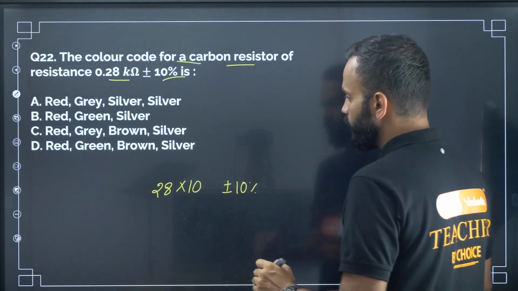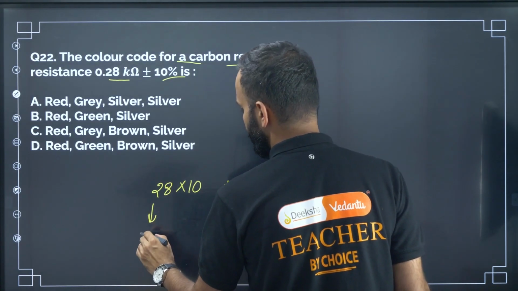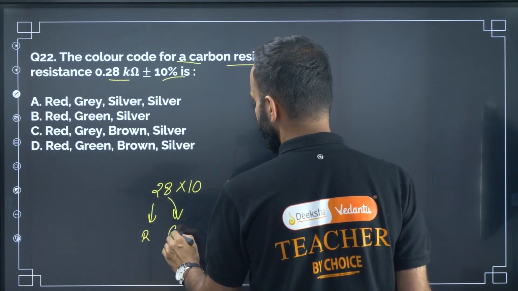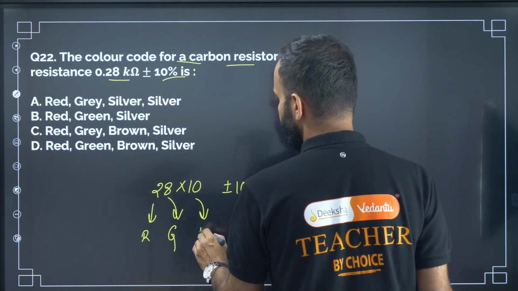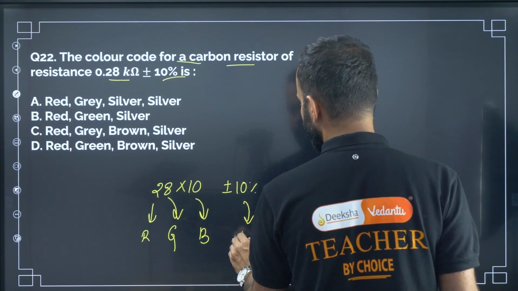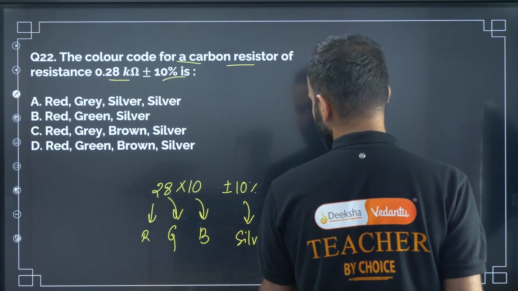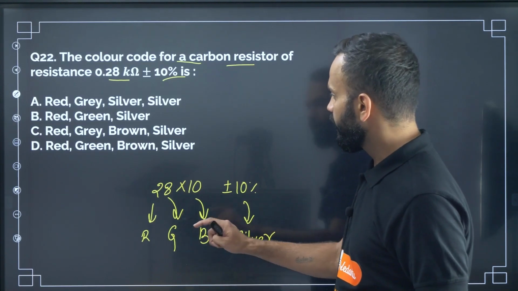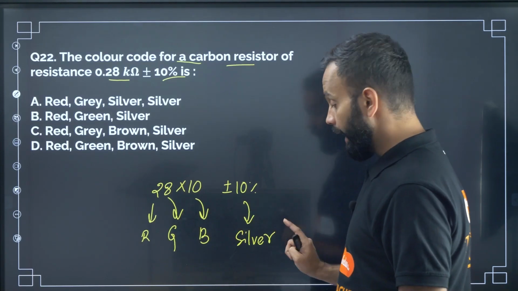So for red, the number is 2, and for gray it's 8, then for brown it's 10. For silver, the tolerance is plus or minus 10%. Okay, red, gray, brown, and silver.